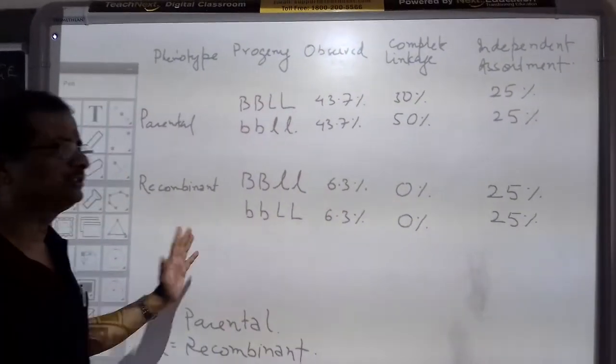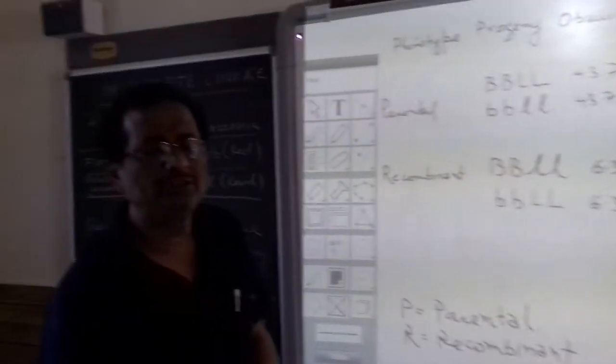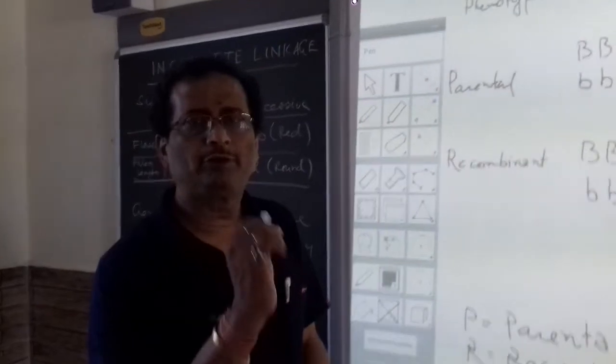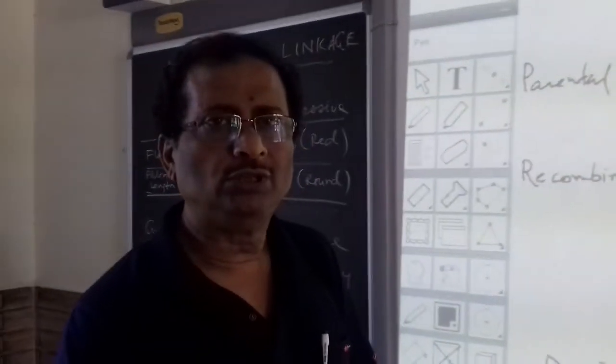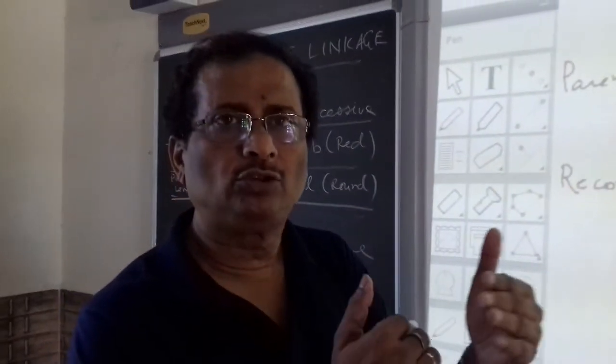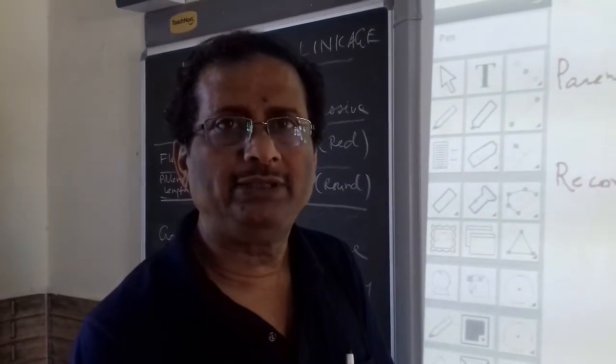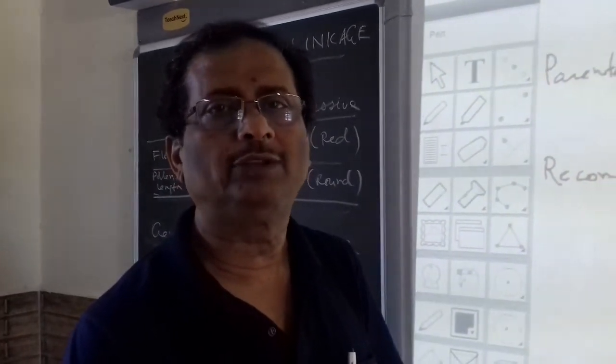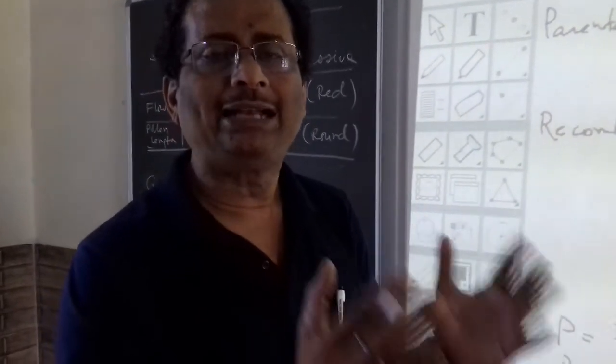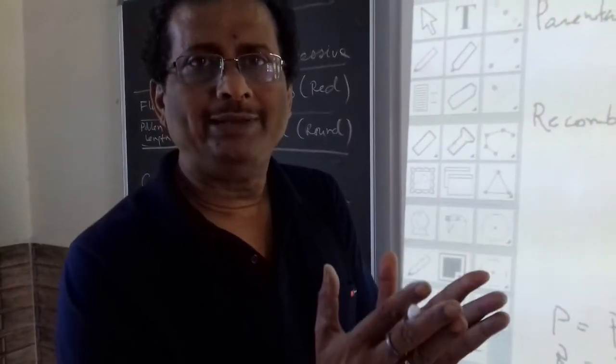Now, crossing over is a phenomenon which, as you know, takes place in prophase I of meiosis, where the genetic material is exchanged between the two non-sister chromatids of the homologous chromosomes. That causes the recombinants to arise.